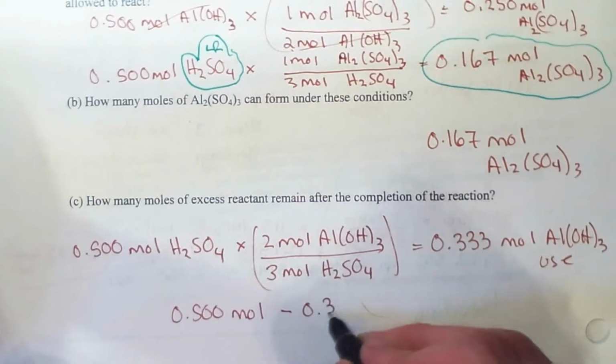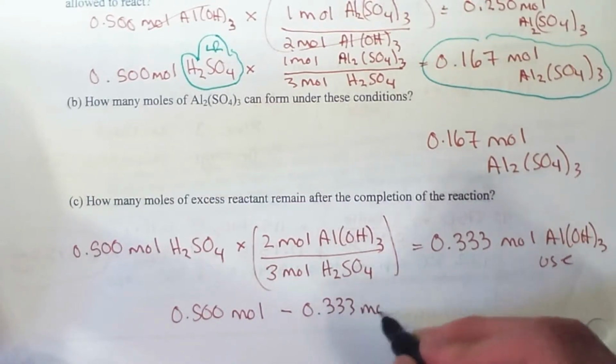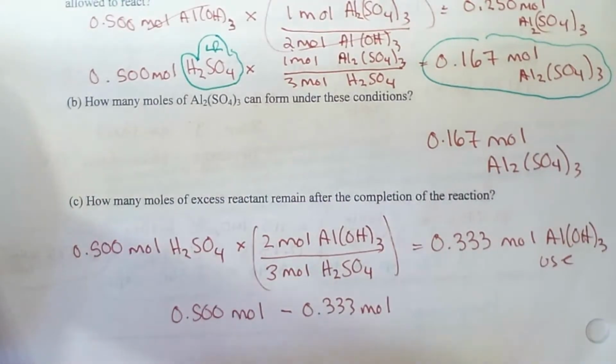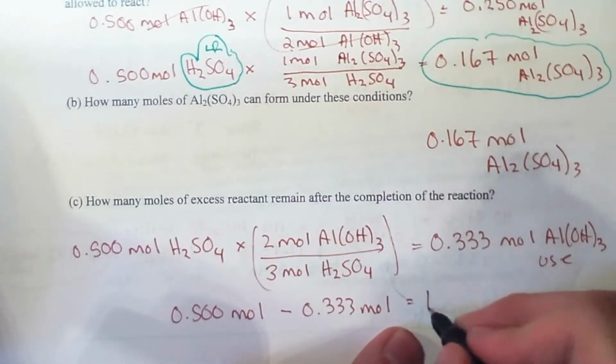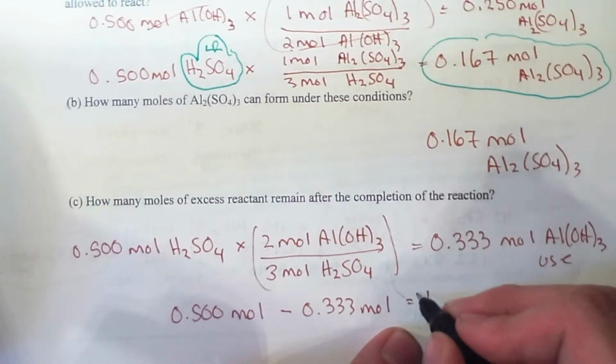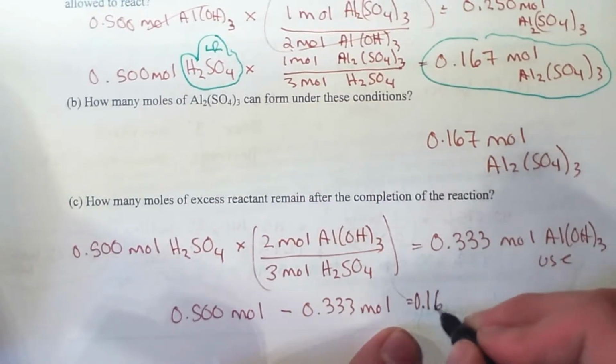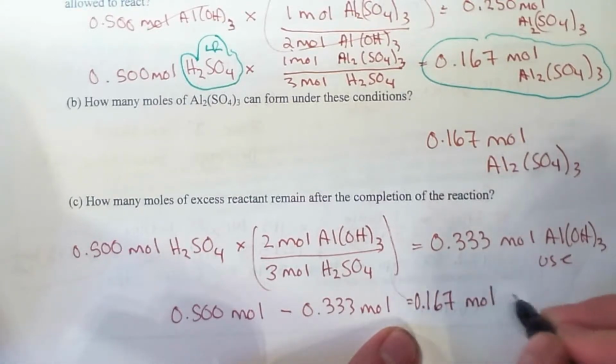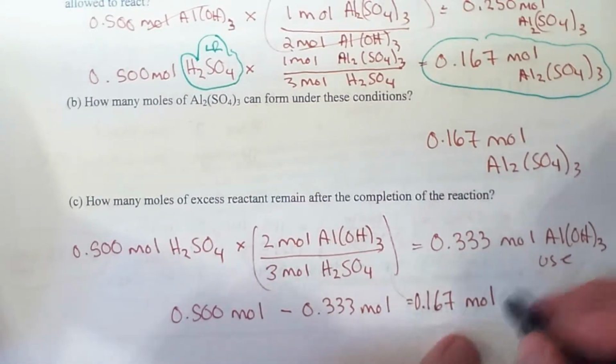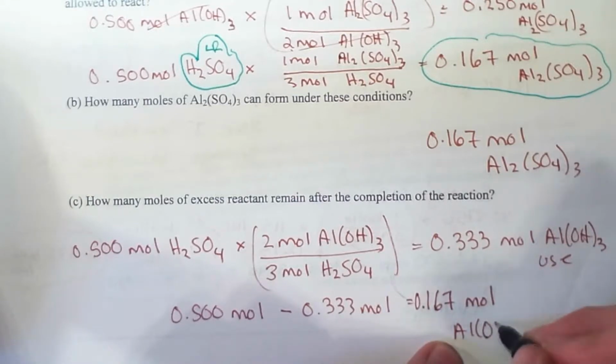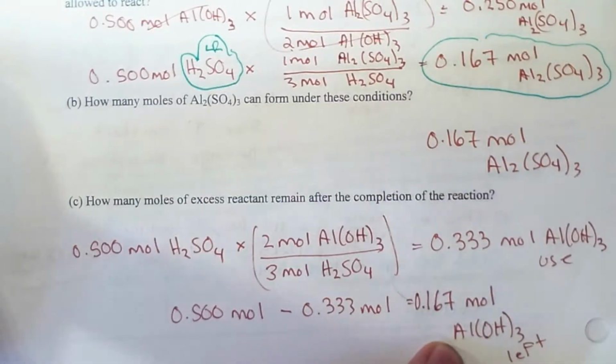We're going to use 0.33 moles. Equals 0.167 moles of aluminum hydroxide left. And that question is done now.